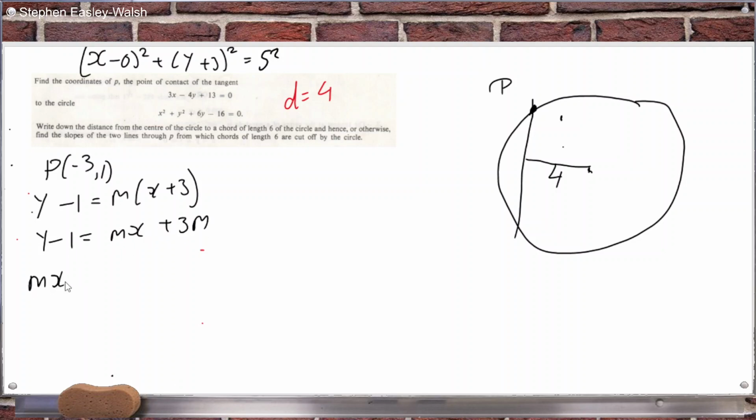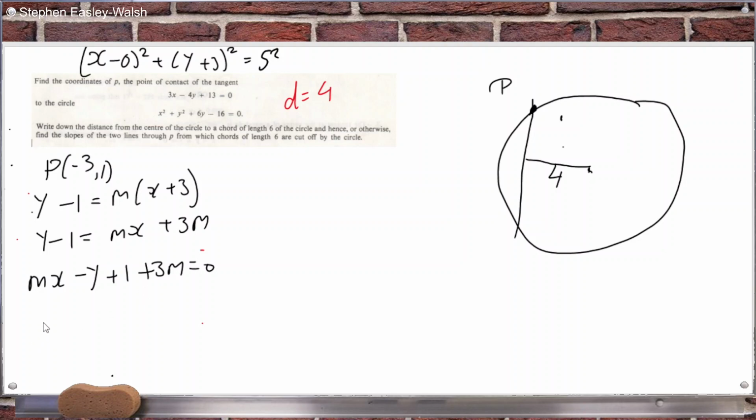So that's mx minus y plus 1 minus 3m equals 0. Oh, did I make a sign mistake? I'm getting tired. mx minus y plus 1 plus 3m. Phew. Okay, glad I got it there, not later.